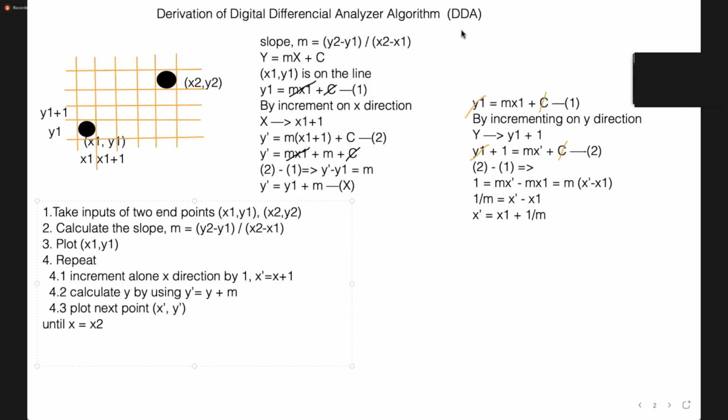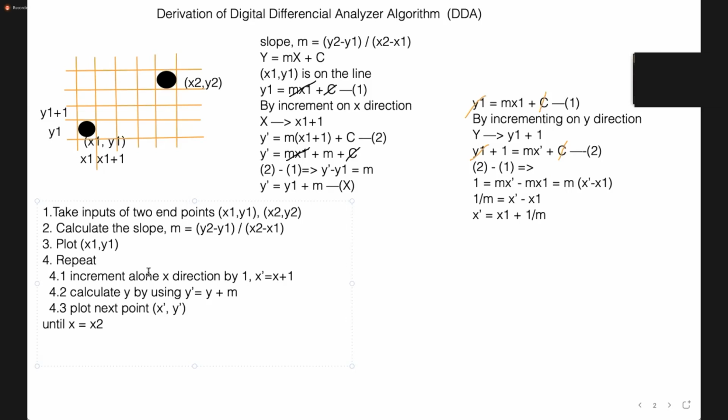Now, when we are working with DDA, if the slope or the gradient is less than 1, we can do it this way.